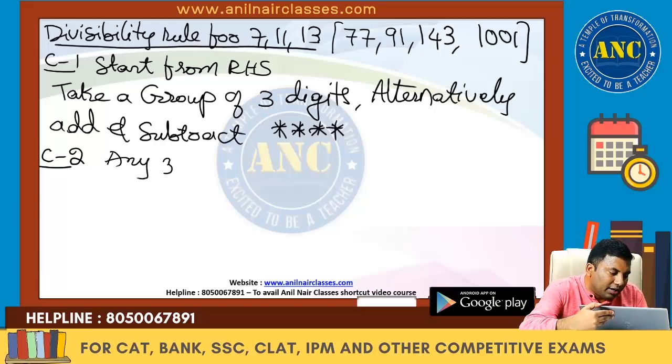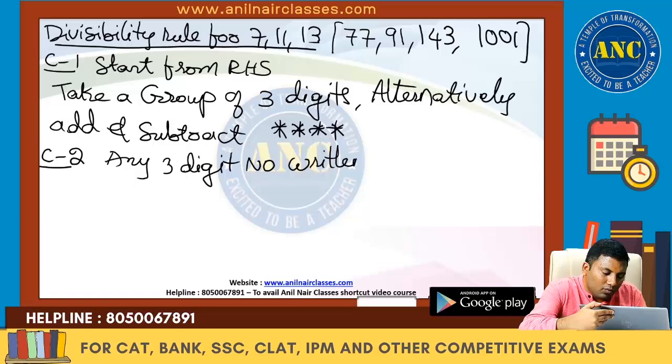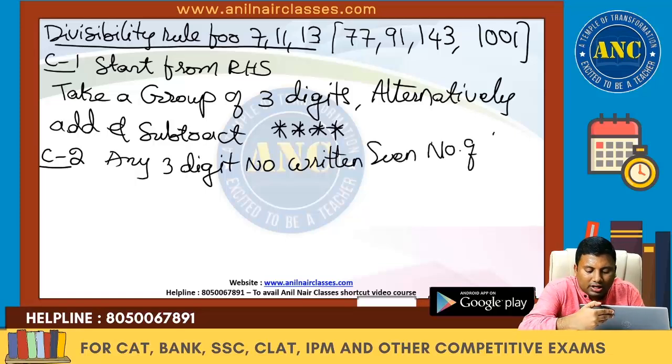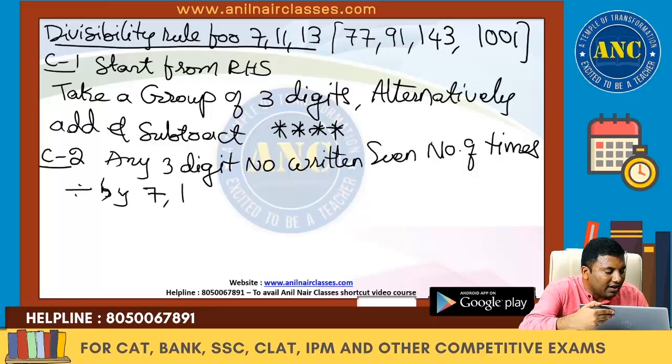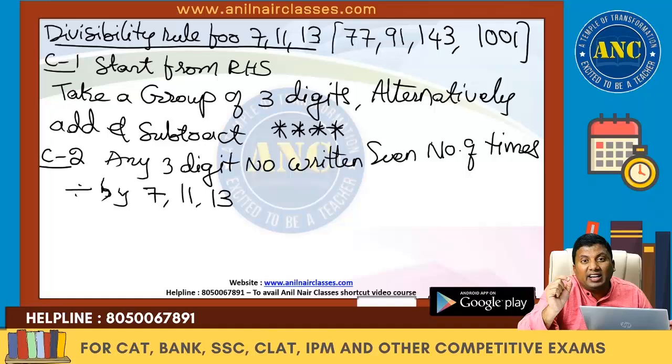Any three digit number written even number of times is always divisible by 7, 11, 13 and its combinations. If you write any three digit number even number of times, it will always be divisible by 7, 11, 13.